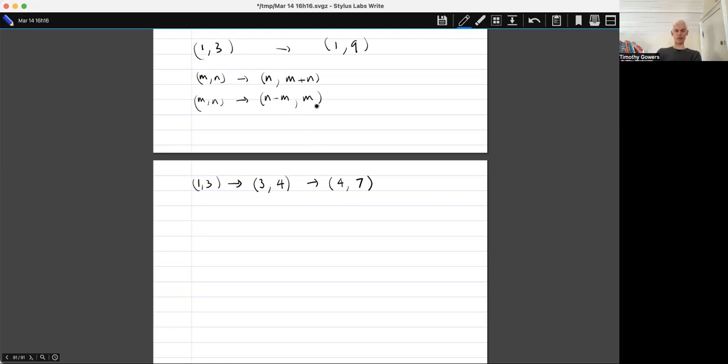If I do n minus m, that gets me to 3, 4. I hadn't spotted that, but it seems that these two are inverse operations. Let's just check that. If I replace that by the second one minus the first one, I get m, and then put in the first one as the second one, I get back to m, n. Okay, so they're inverse operations.